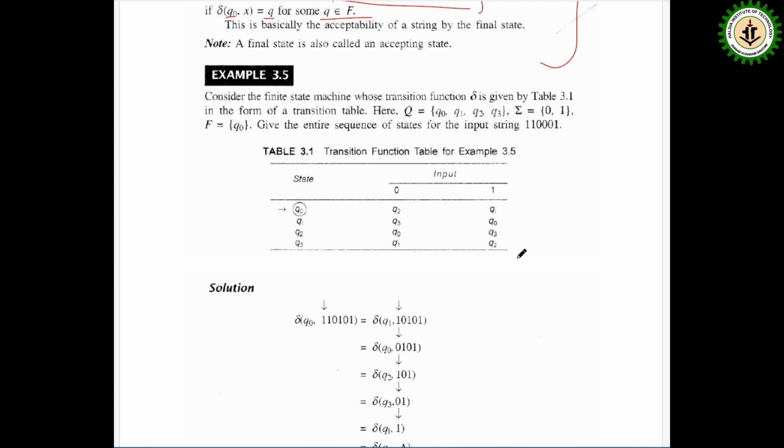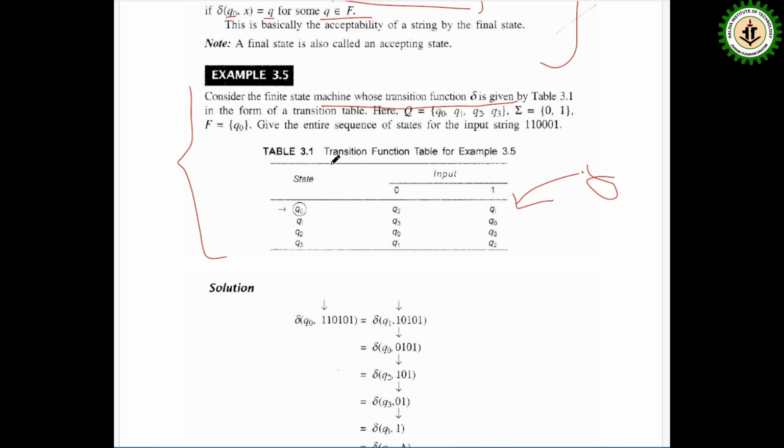Here is an example. Consider a finite state machine whose transition function is delta. Here the transition system is defined by a table, whereas in the previous example it was defined by a transition diagram.